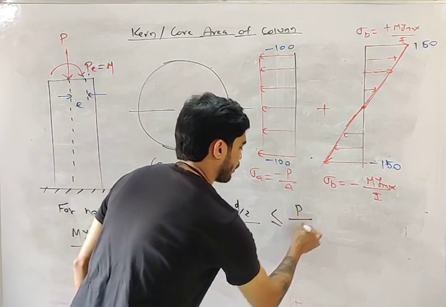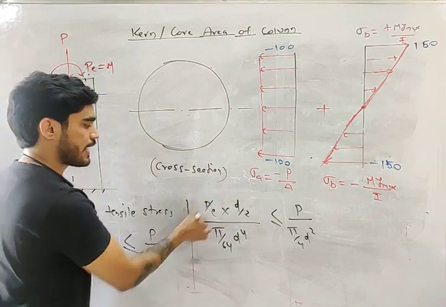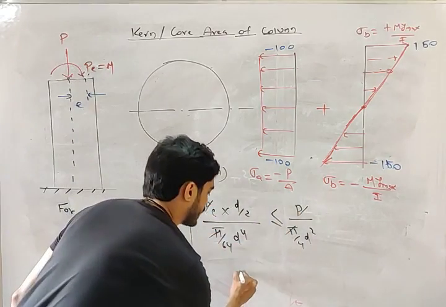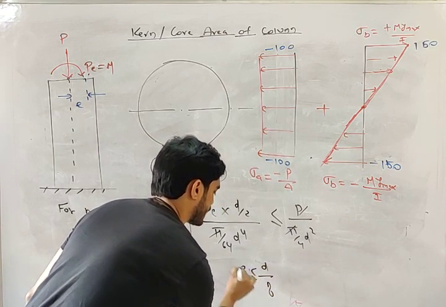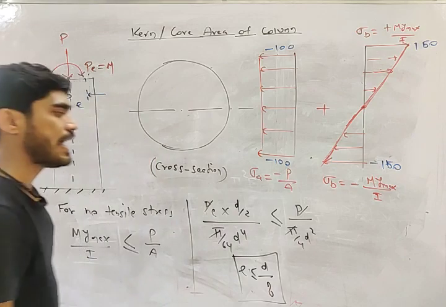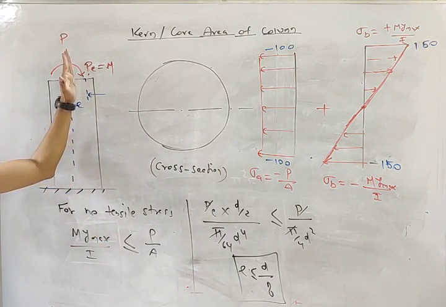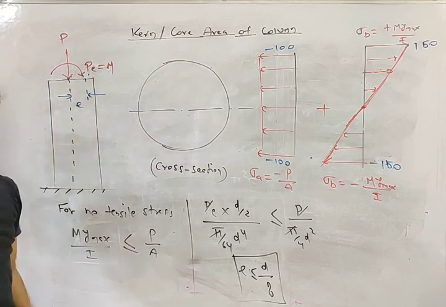This should be less than or equal to P by pi by 4, D square. Now solve this entire thing. Pi cancels, P cancels, and you will get E less than or equal to D by 8. Means your eccentricity should be less than or equal to D by 8. It should not cross D by 8.